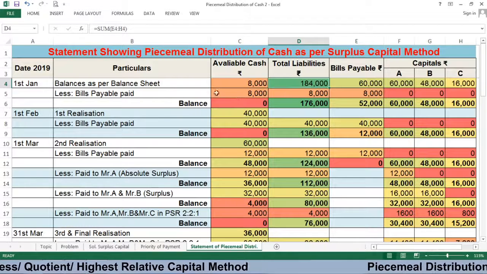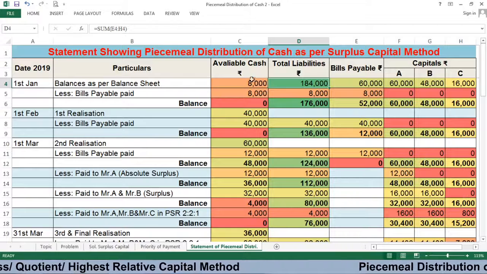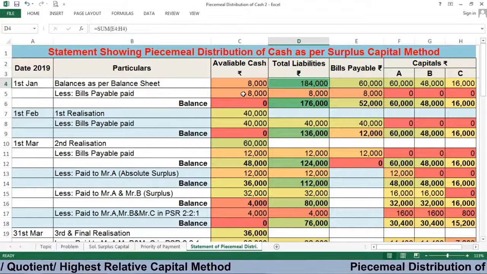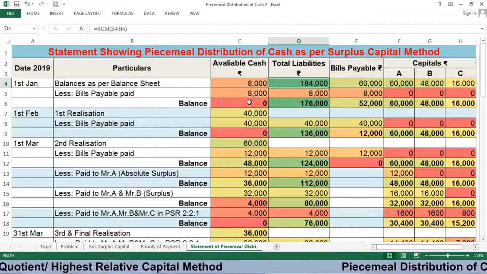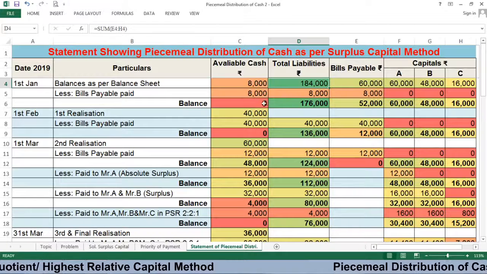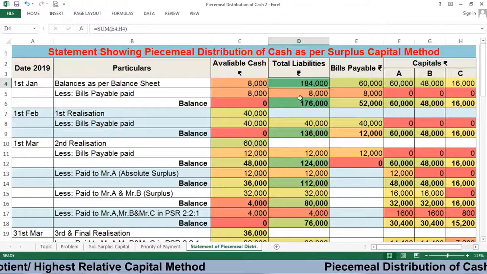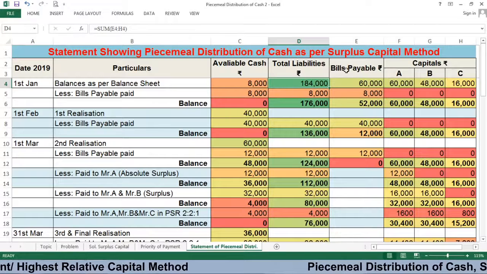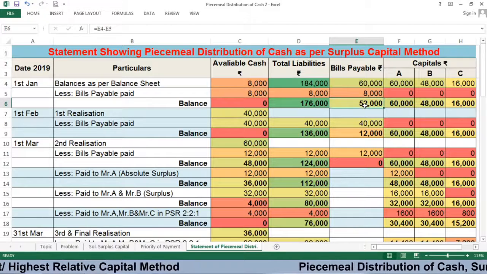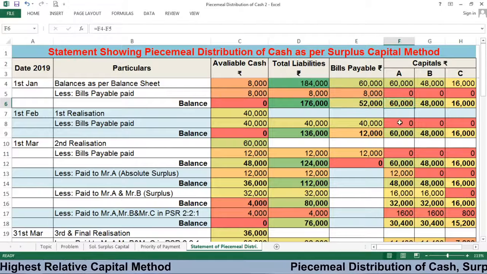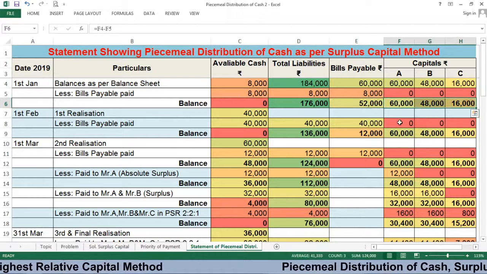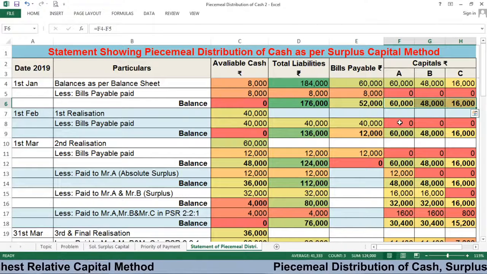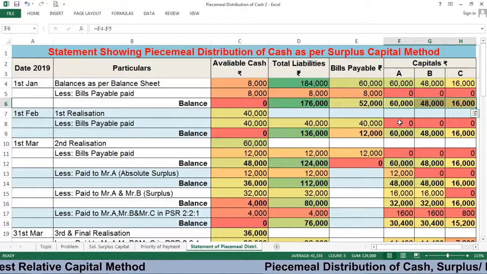In the first stage we have 8,000, so we will pay 8,000. After the payment of 8,000, our balance in our pocket will be 0, while our total liability is still remaining 1,76,000, and bills payable amount is still remaining 52,000. However, the capital will be as it is, as we have not paid a single rupee to the partners. This is our first step.